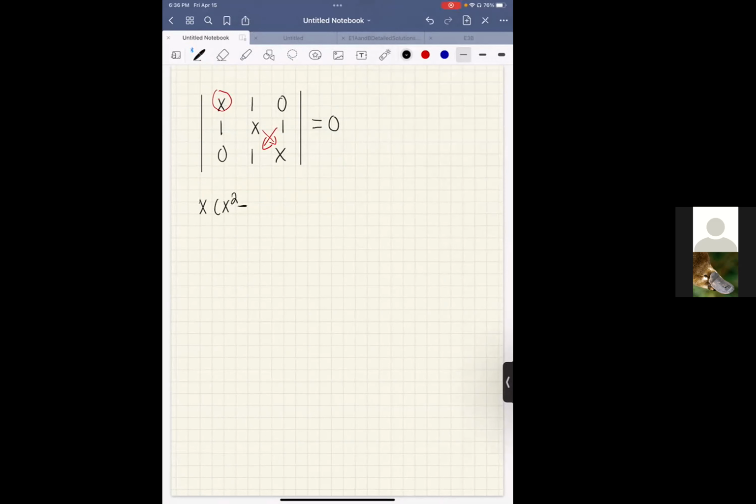That's to be minus 1, this is 1 times 1. And the next would be 1, and this would be this multiplied by x, and 1 multiplied by 0. So this would be just x. So it'd be minus 1 times x, equal to 0.